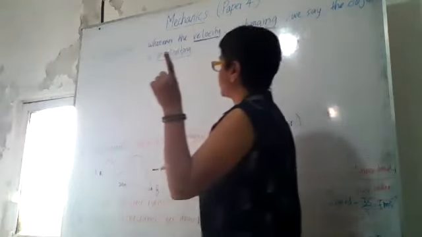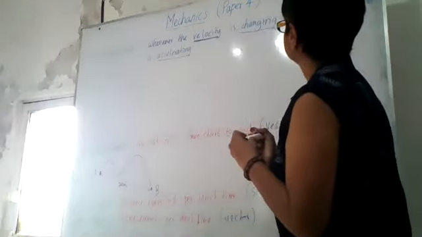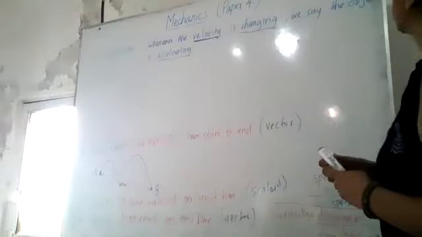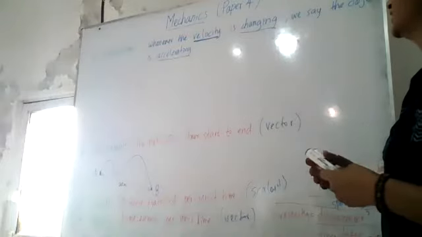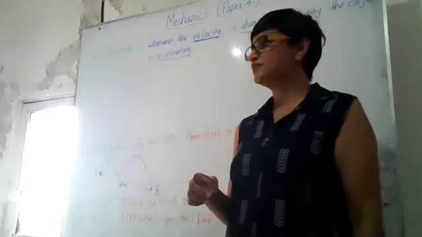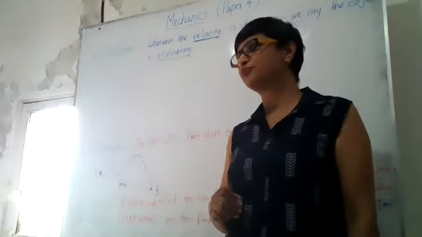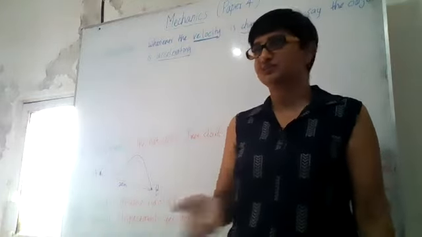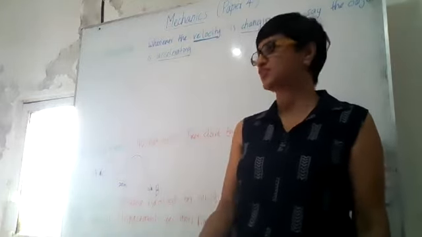So acceleration is a vector quantity. We say the object is accelerating. Then, if I say something is accelerating, how do you know whether it is actually gaining speed or losing speed? A change could be an increase or a decrease.